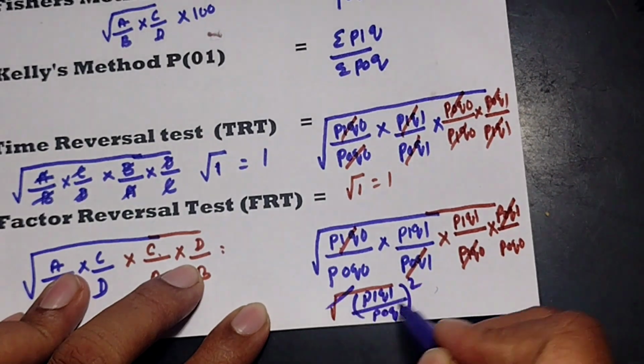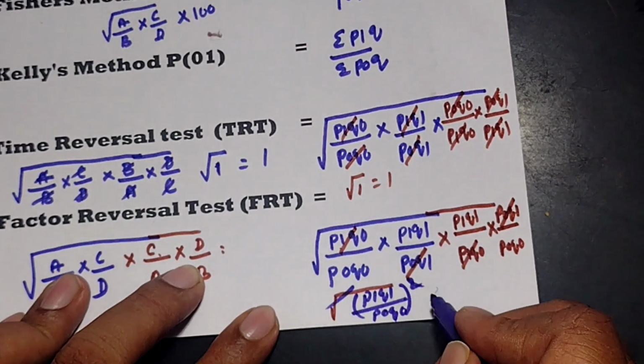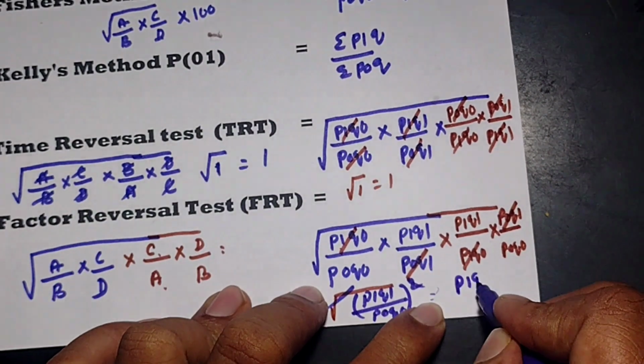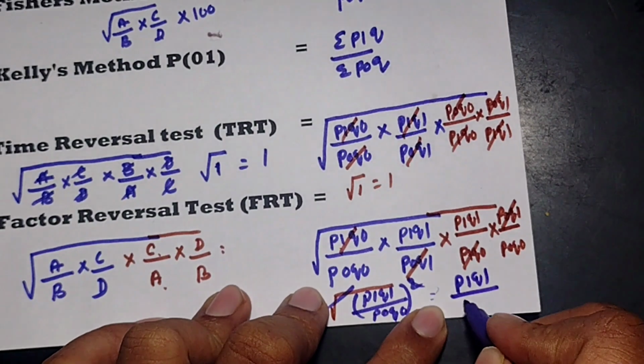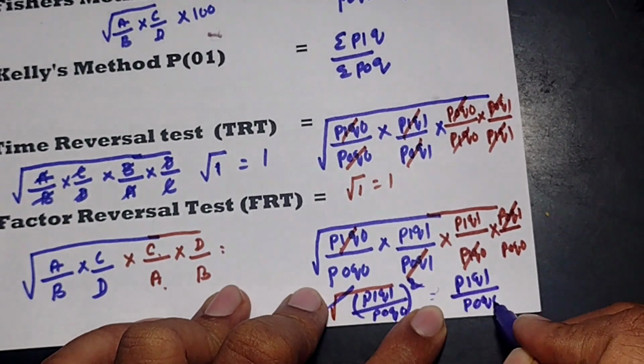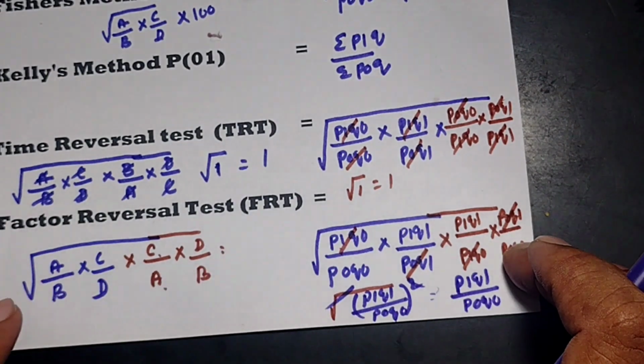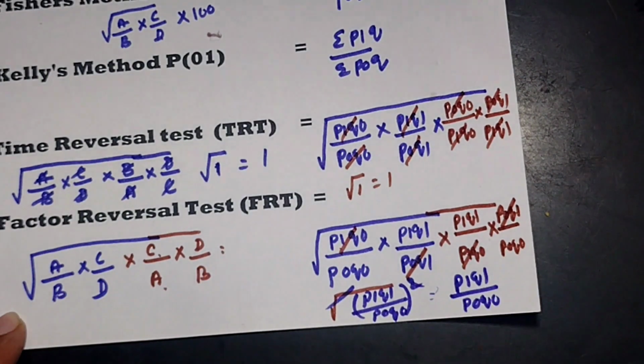So the square gets cancelled. Therefore the final answer is P1 Q1 divided by P0 Q0. This is the answer for FRT, factor reversal test.